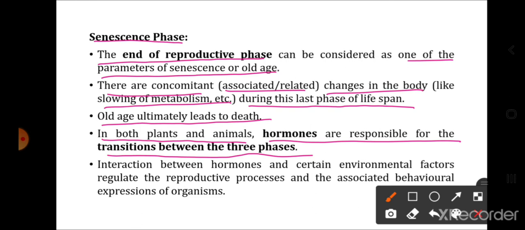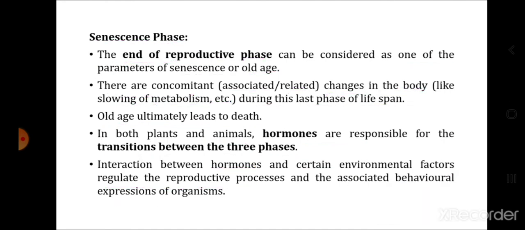And again, from the reproductive phase we enter into the senescence phase, and for that also the hormones are responsible. So, hormones are mainly responsible for the transitions between the three phases. Interactions between the hormones and certain environmental factors regulate the reproductive phases and the associated behavioral expressions of the organisms.